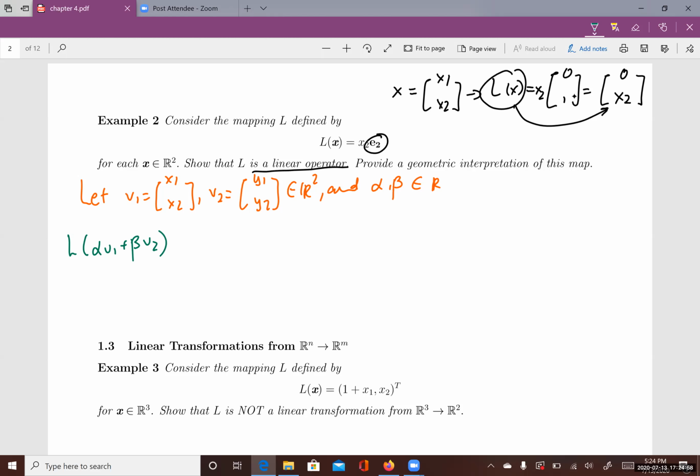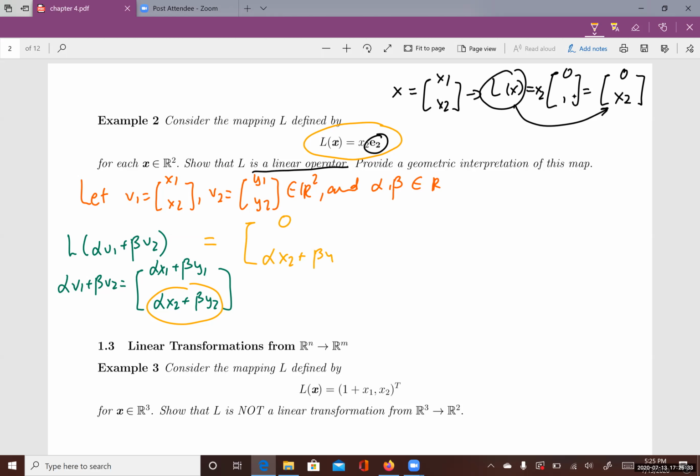We know that alpha v1 plus beta v2 equals alpha x1 plus beta y1, alpha x2 plus beta y2. Using this map definition, L of alpha v1 plus beta v2 is going to be x2 multiplied by e2, which is 0, 1. So it's just going to be 0 and alpha x2 plus beta y2. This is the result of this transformation.